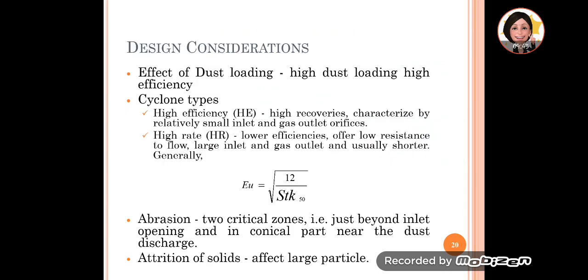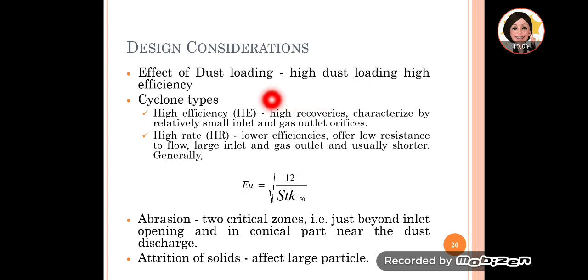There are some design considerations to look into for a cyclone. Generally, high dust loadings will give us high total separation efficiency. Dust loading above 5 gram per meter cube can actually give us high efficiency.